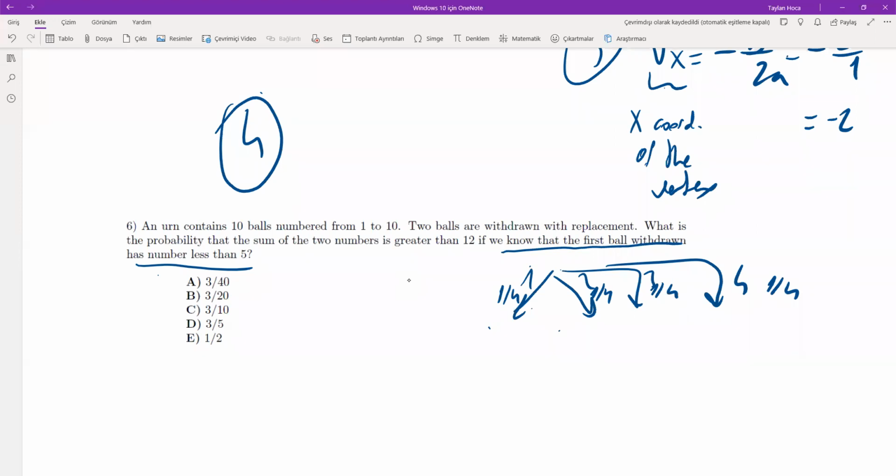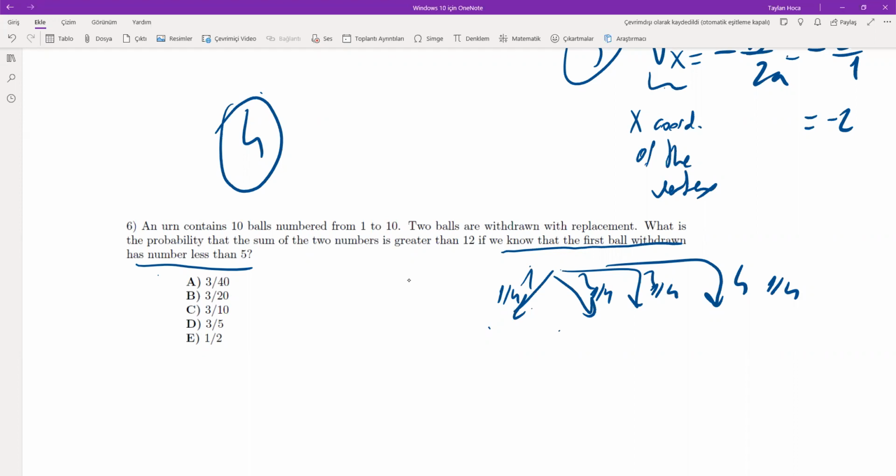Three over 5? 5 is only 1, but odd numbers are 3, so 1 over 3. Oh, okay, yeah. Because it is given that it's odd. Okay, I see what you mean.